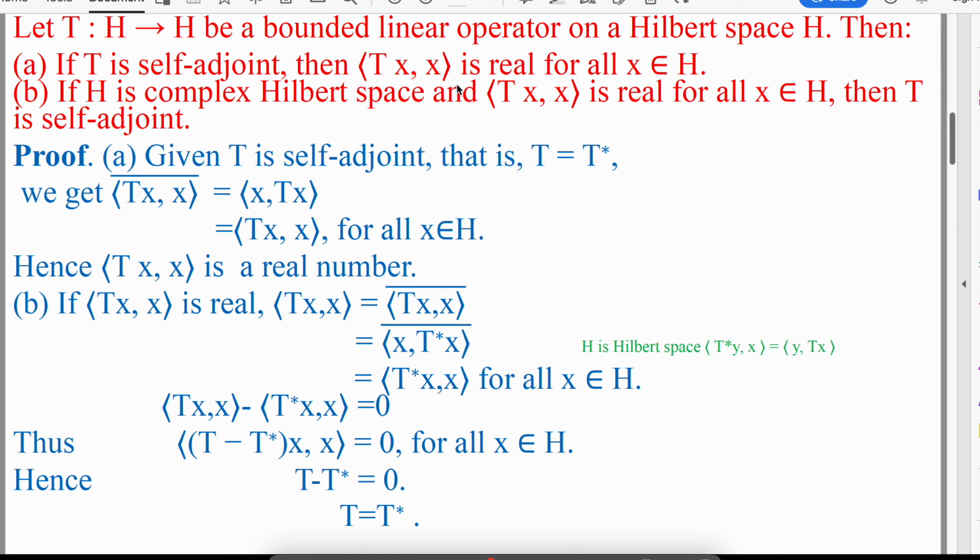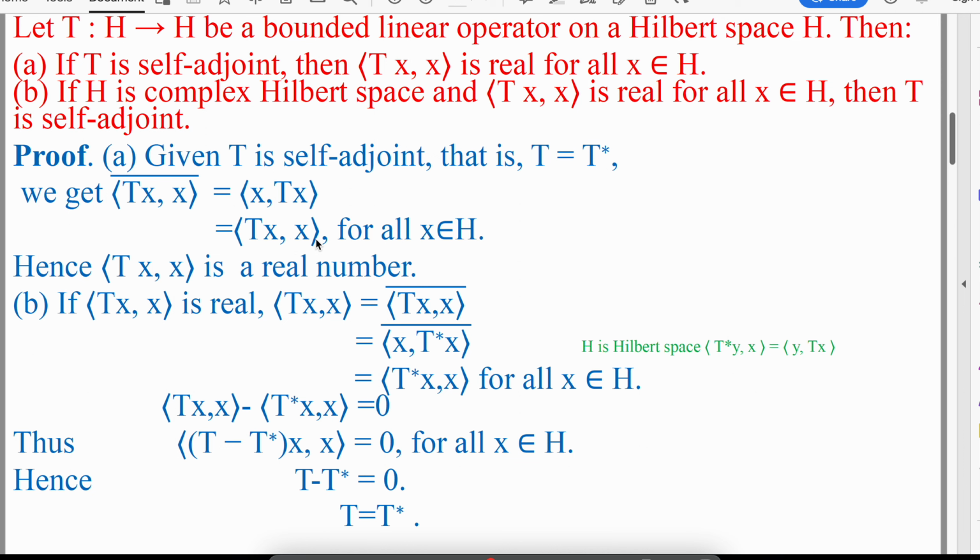Now we will show that this inner product is real. This inner product will be real if it is equal to its conjugate. So the conjugate of the inner product of Tx with x is equal to the inner product of x with Tx. And this will be equal to the inner product of Tx with x because T is given to be self-adjoint.